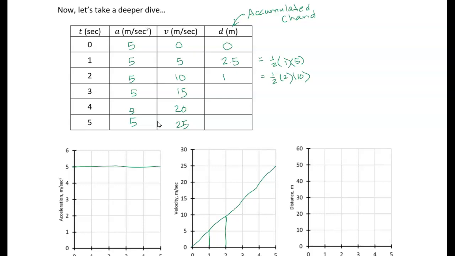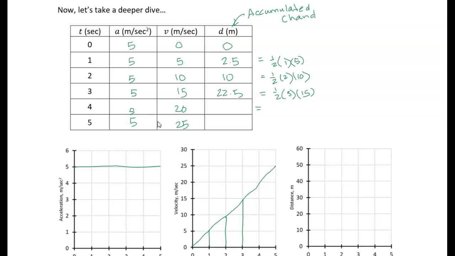So if we do that calculation, we get 10. So we're at 10 meters at second 2. And then we just keep increasing our triangle here. So 1/2 times, now we have a base of 3 and a height of 15. So we get 22.5.